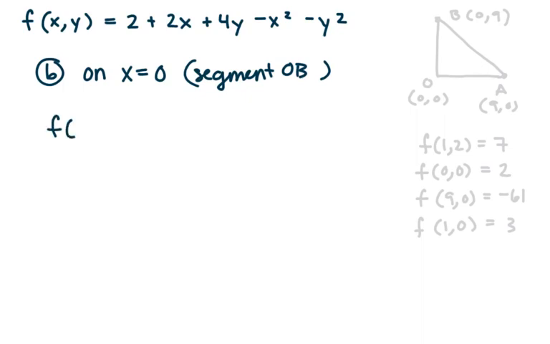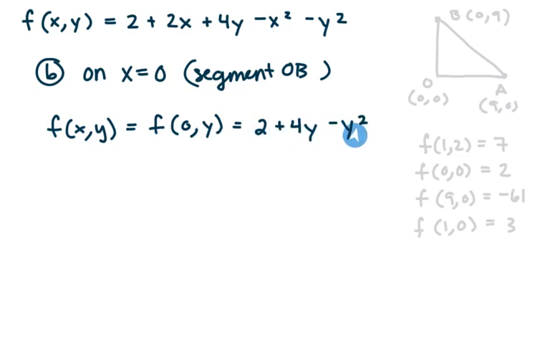So if x is equal to 0, then we take that function, f of x, y, and that's 0, y. And what does that do up here? That zeroes out these x's and this x, which leaves me with 2 plus 4y minus y squared. So notice now f is a function of a single variable, y. So keep in mind, this has the same domain.